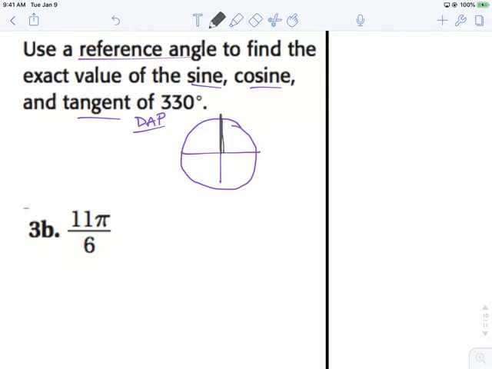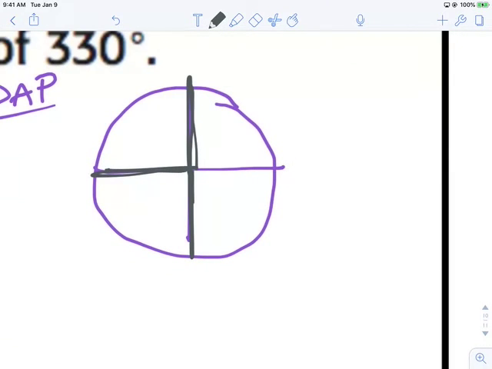330, here's 90, 180, 270. If I added another 45, well, actually I know what this is. This is going to be 270 plus 30, which is 300.